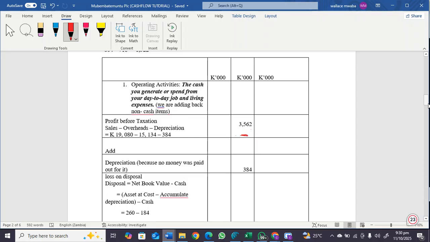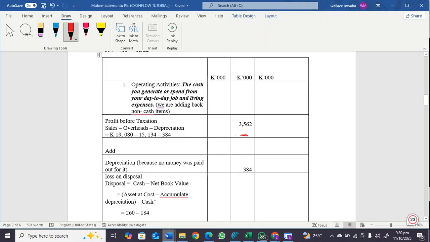First thing, this is the formula here. It has to be cash minus net book value of the asset. Remember this formula, colleagues? Cash minus net book value of the asset.